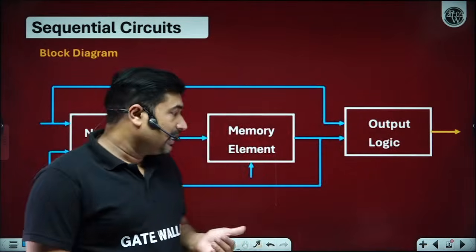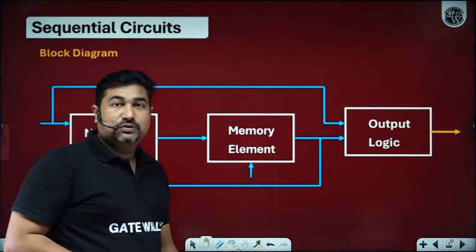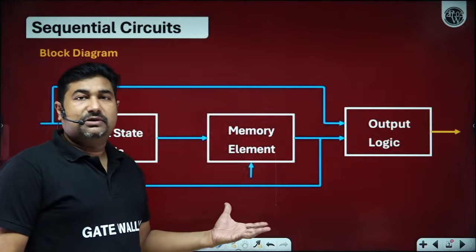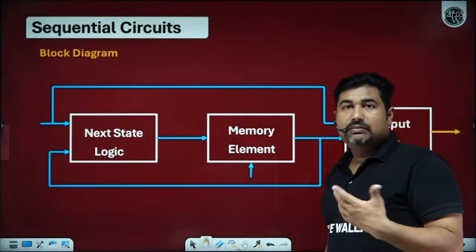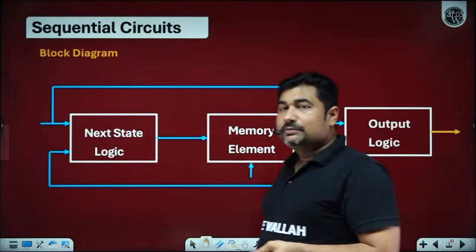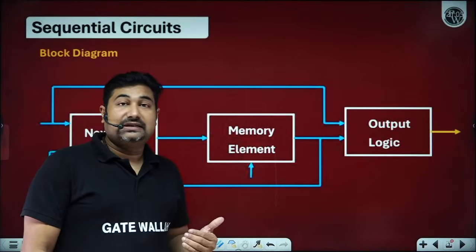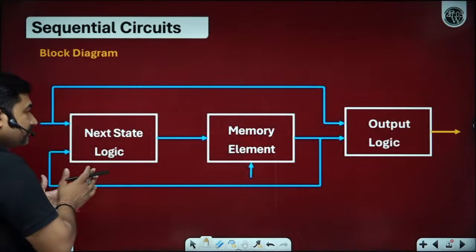Definitely, in order to use the previous state, we need a memory element. So in a sequential circuit, there is a memory element. However, in a combinational circuit, there is no memory element. In a combinational circuit, output only depends upon the input. In a sequential circuit, output depends upon the input as well as the previous output. Is it okay?